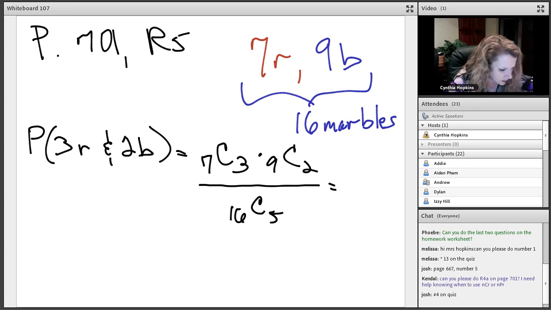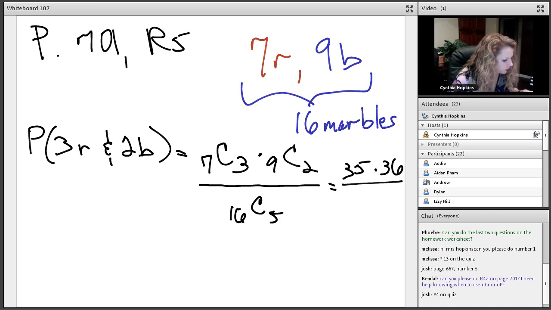All right, and I hope the answers are here so I don't have to waste time doing it in my calculator. They actually have everything spelled out here. Very nice. So this is 35, the 7C3, times 36, that's the 9C2, and then divided by 4368.